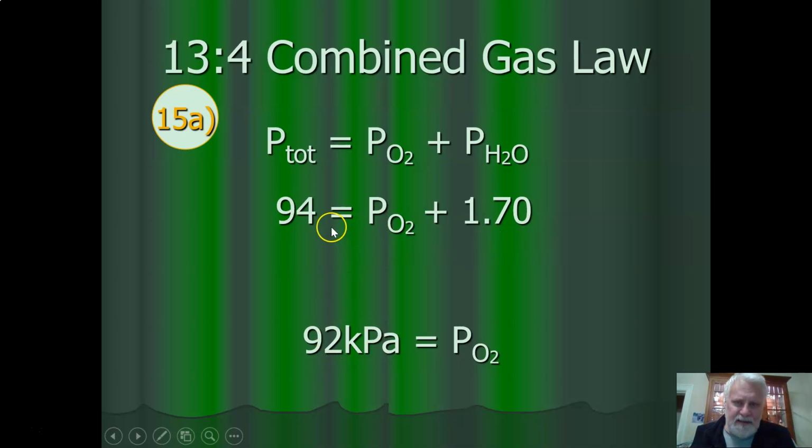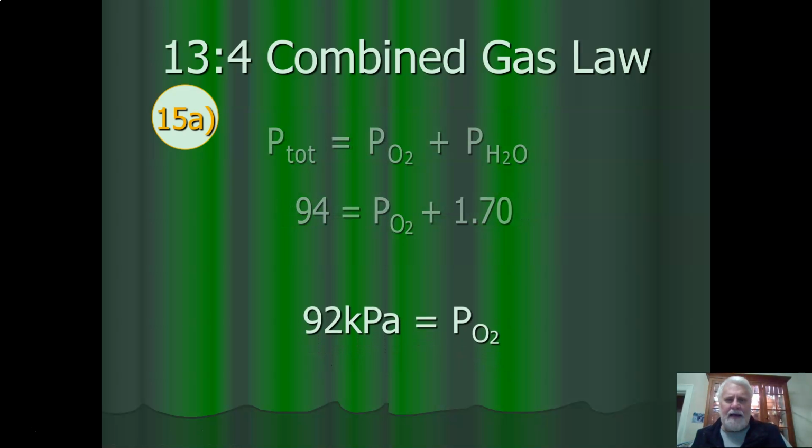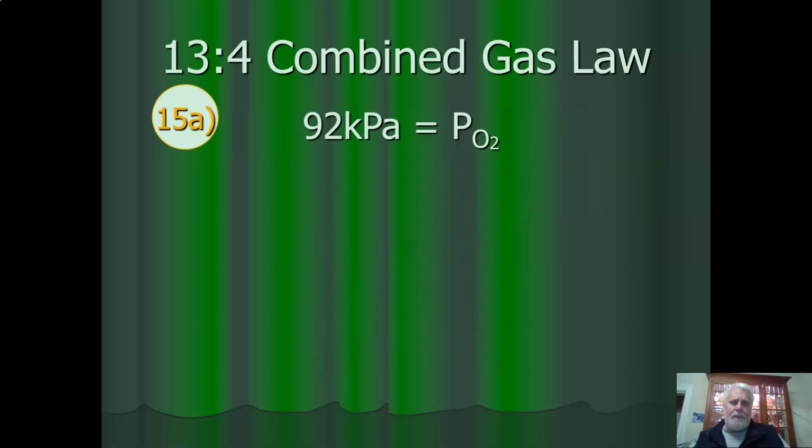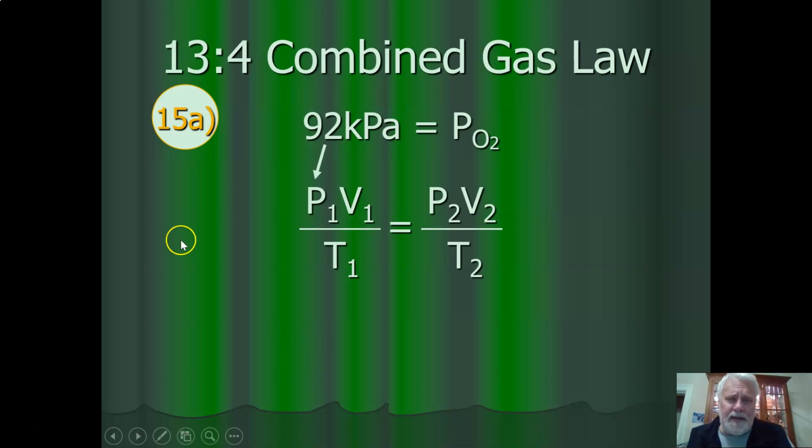Watch your sig figs. This is 0 places to the right. So this one should have 0 places to the right, rounded to the nearest whole number. So 92 kilopascals is as accurate as you can get with that initial pressure. Now, we take that pressure and we're going to plug it in. That'll be our P1.